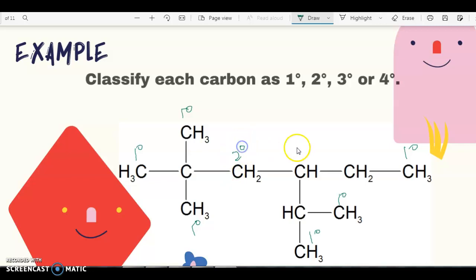So CH2 is secondary. Then we look at the ones that have only 1 hydrogen. So 1 with hydrogen and another 3 must be with carbon. So this one here is tertiary. CH is also tertiary. Lastly, the carbon with no hydrogen at all. So it is quaternary.